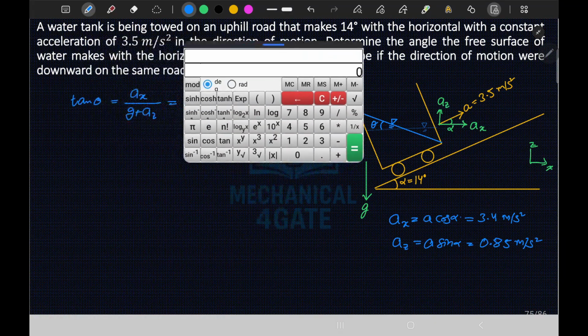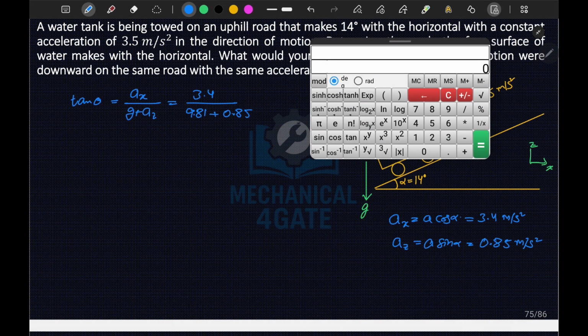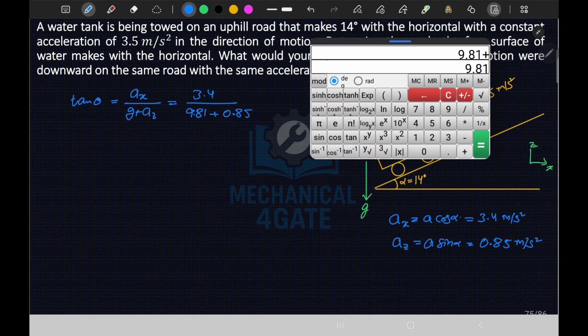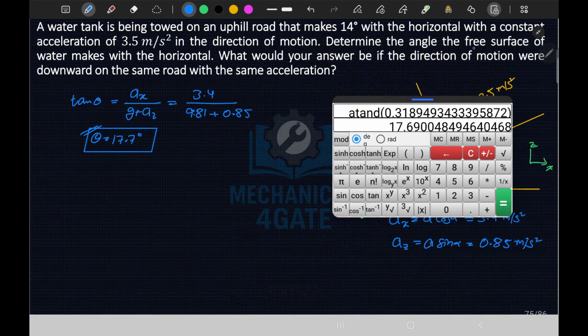So let's solve this. Tan theta is this, and if I take tan inverse of this, theta is equal to 17.7 degrees. So this is the angle the free surface of the water makes with the horizontal.